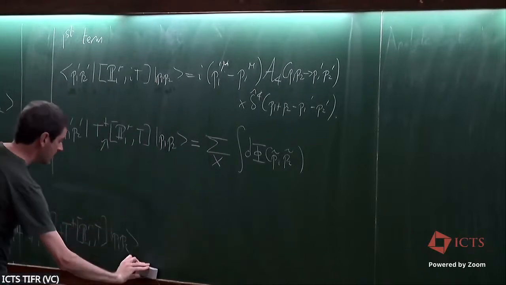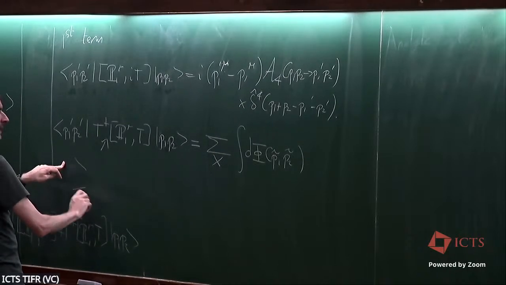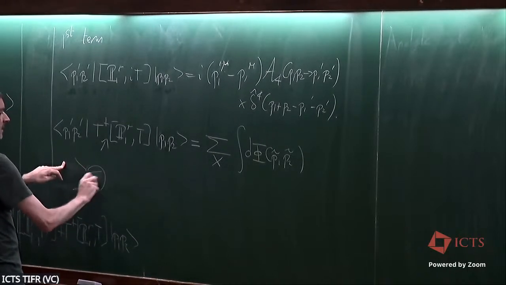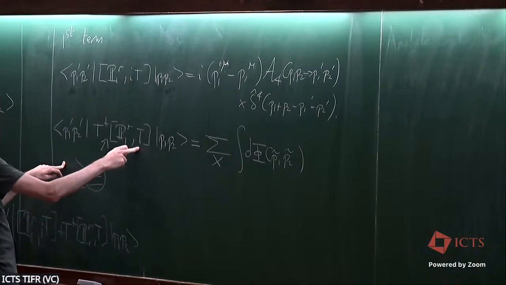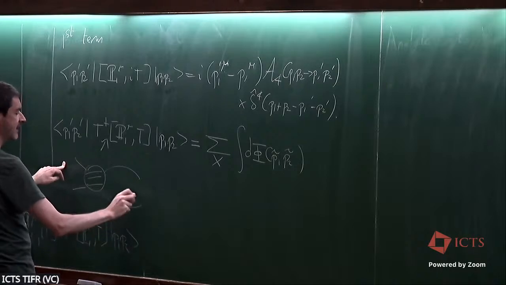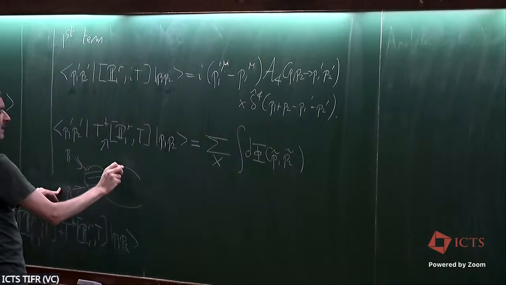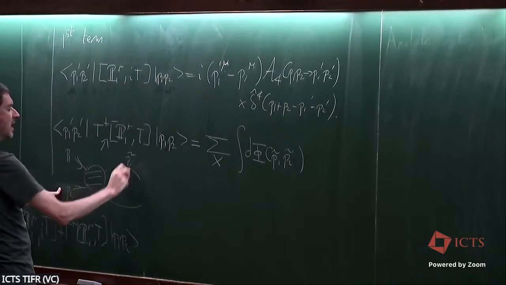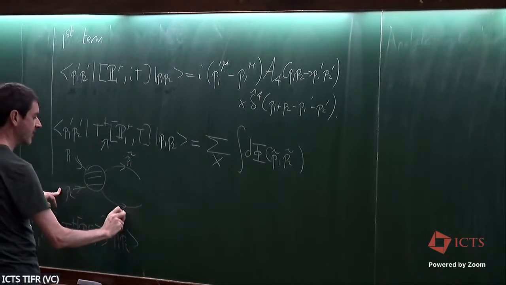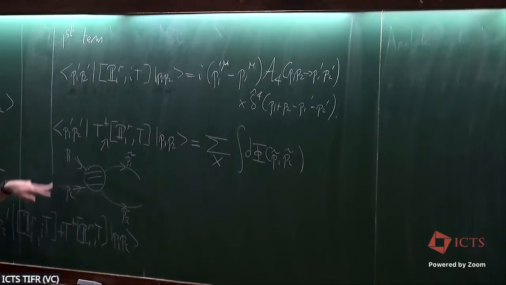The picture is going to be states P1 and P2 coming in. There's going to be some T blob associated with this commutator. Then a complete set of states, P1, P2. Now, I'm assuming that in my scattering event, my particles don't disappear. So these are two distinguishable particles.